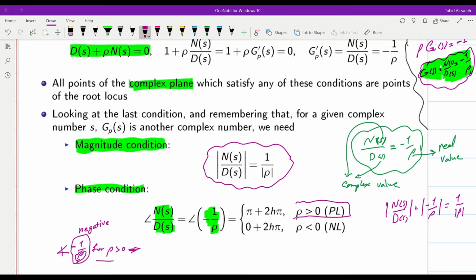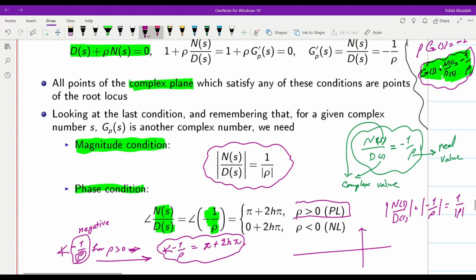And therefore the phase of minus 1 over rho will be pi plus minus 2h pi, because it's a negative value, yeah?